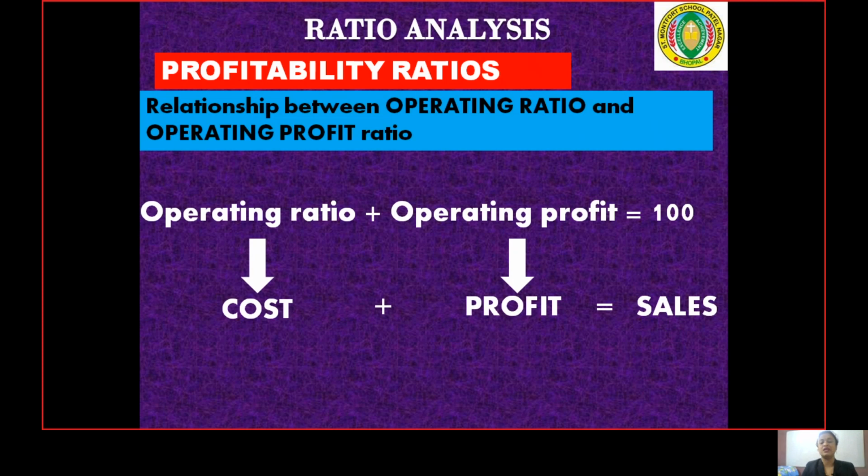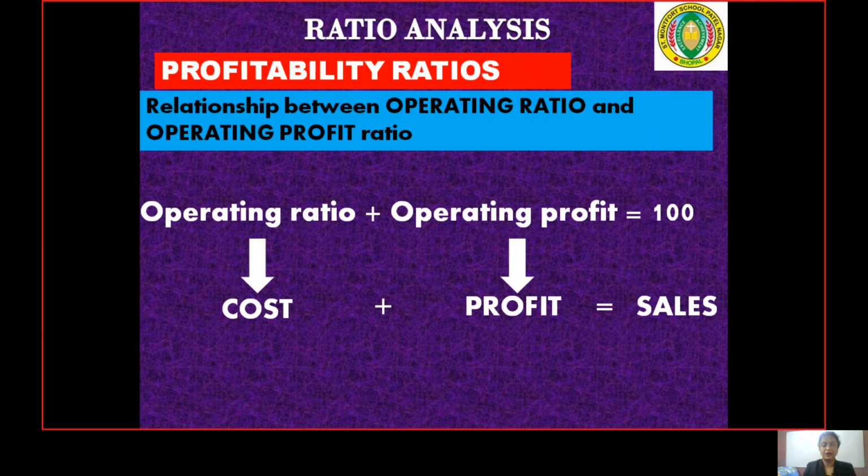Finally the value of it is equal to the sales, because you know the formula for profit we used to write: profit is equal to sales minus cost. So suppose our sales is 100, the sales includes the value of the profit as well. So the operating ratio is the cost of production plus operating expenses.